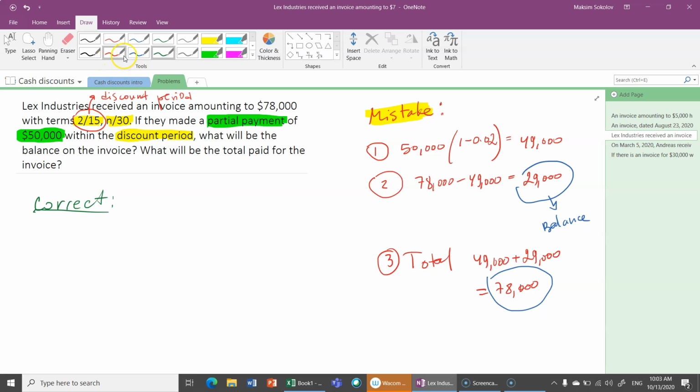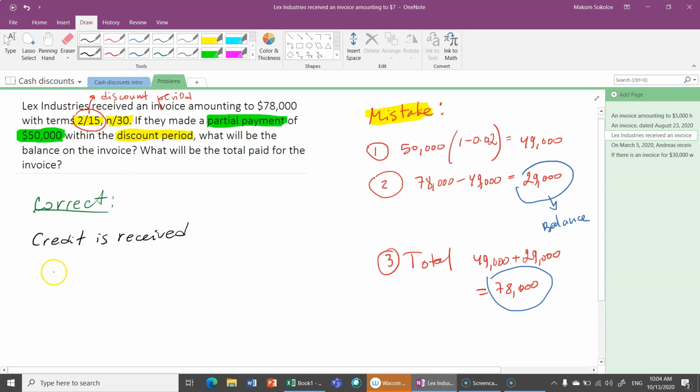And in this correct solution, we need to pay attention that when the company pays that partial payment within the discount period, the company receives a credit. So credit is received. This credit is the amount that the company has paid out by paying $50,000.